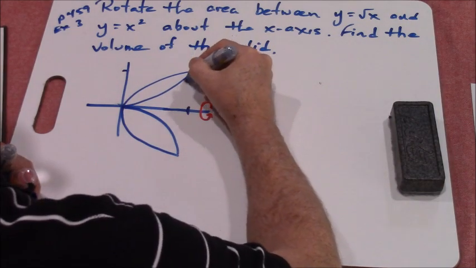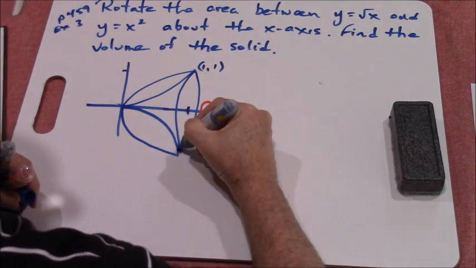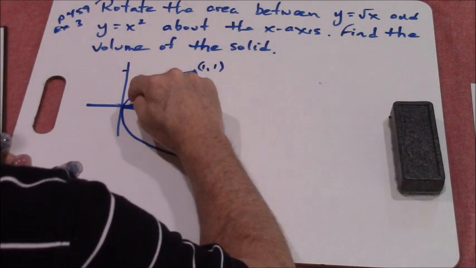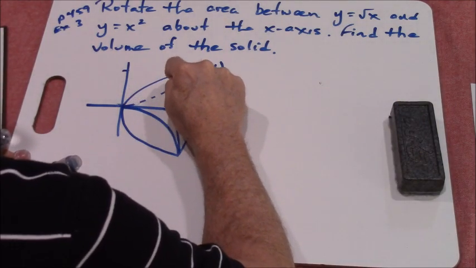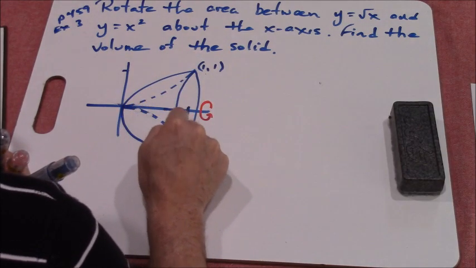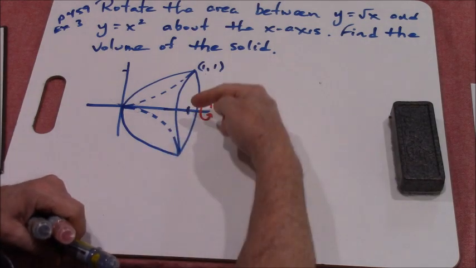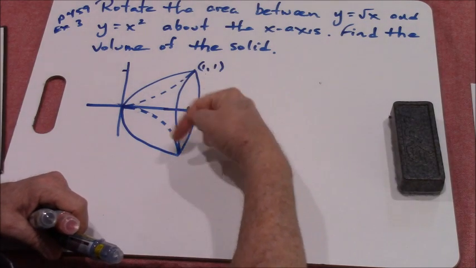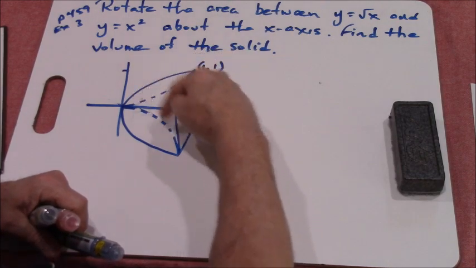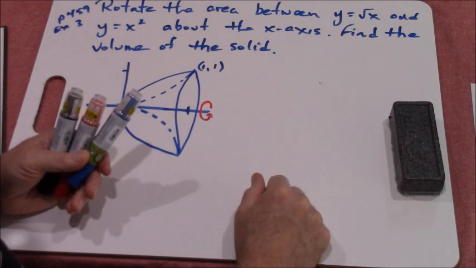There would be, I guess, the opening to this bowl, this hollowed out piece. And I wouldn't really see this part, so I'm going to make this a dotted line. Same thing here. And so there's what this shape would look like. I've got this thing that was rotated around the x-axis. It's hollow on the inside. It's kind of a funnel type shape that's sideways. And it looks like a bowl on the outside.